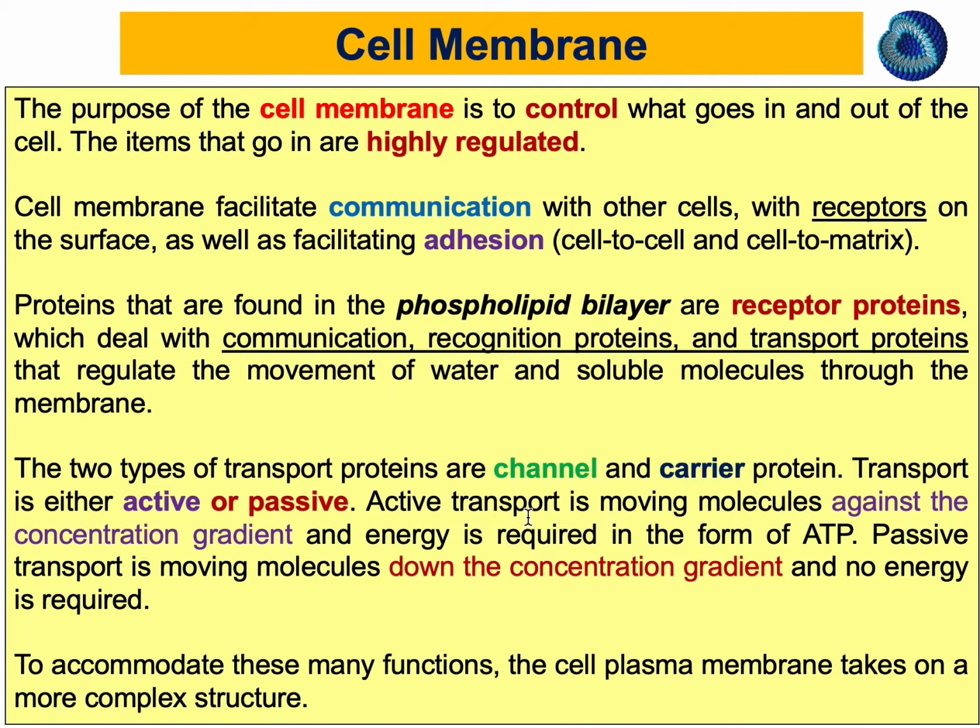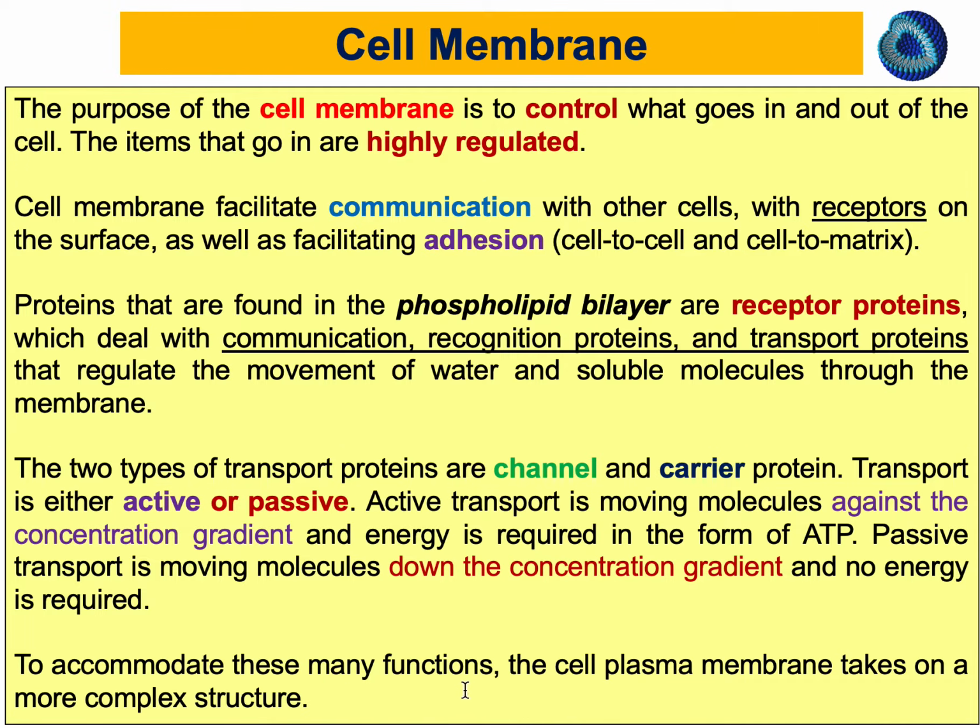If I want to move a molecule from low concentration to high concentration, I need energy to do that because I'm going against the concentration gradient. The type of energy used in the body is adenosine triphosphate, ATP. We'll talk a little more about this in the following videos.